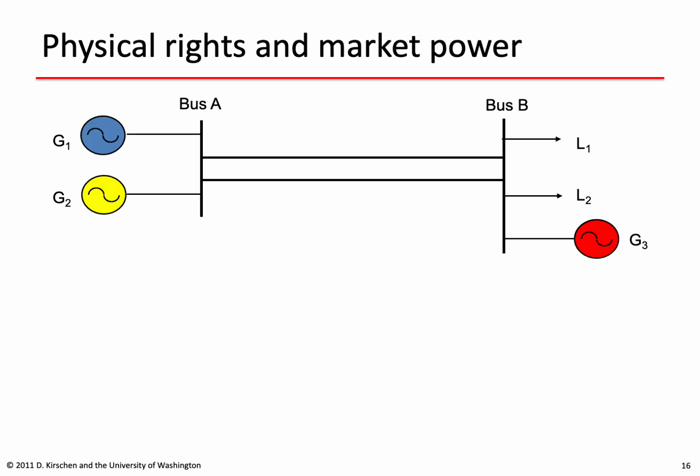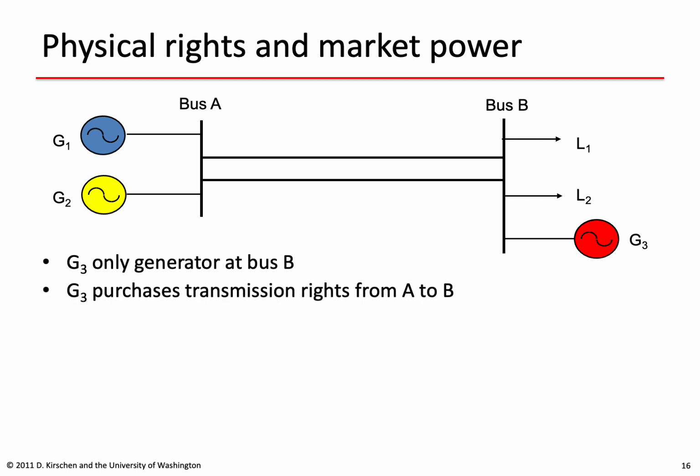Physical transmission rights also create problems related to market power. Let's go back to our two-bus example. Let's observe that G3 is the only generator at bus B. Now, we could imagine a situation where G3 would purchase transmission rights from A to B. Now, you may say, why would G3 buy these transmission rights? Well, G3 would buy the physical transmission rights but would not use them or resell them.